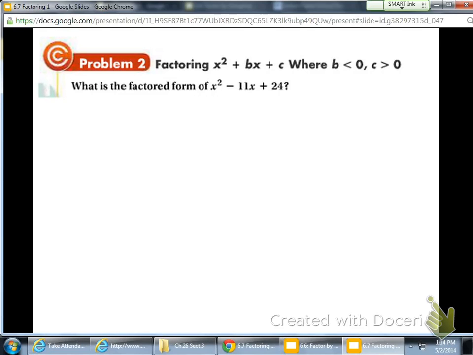Okay, before I looked at going to C and B, I recognized that there's a negative and a positive. So right off the bat, you know that it can't be two positives, so there's going to be some negatives involved.